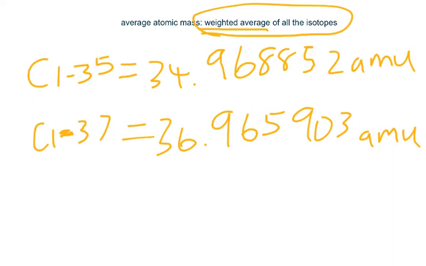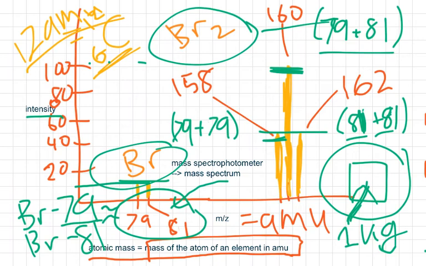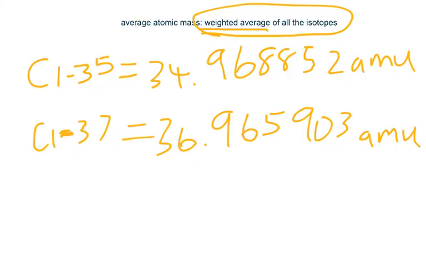So I'm going to tell you the abundances of each of these, and note that these abundances all came from a mass spectrum like this one. So the abundance of chlorine 35 is about 75.77%, and the abundance of chlorine 37 is 24.23%.